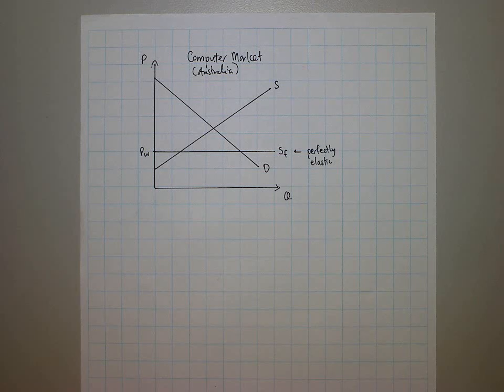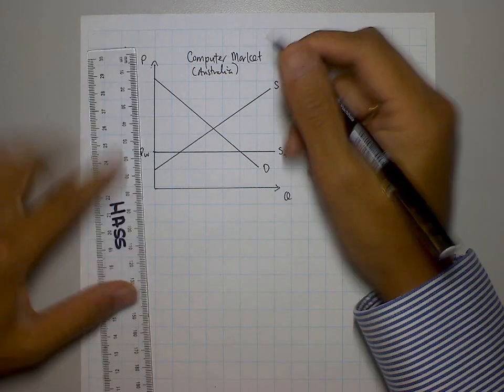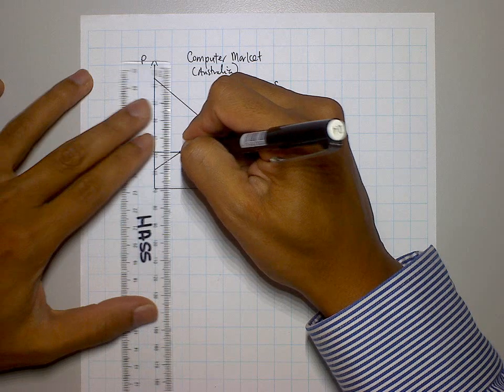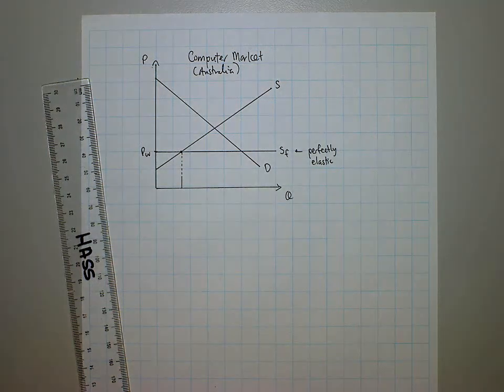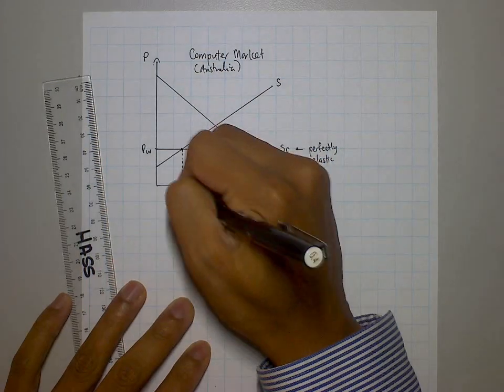Alright, so we're going to start off with drawing the important points before the tariff and then after the tariff, and then we're going to compare both. Alright, so first up we want to see how much domestic suppliers are willing to supply at this world price. So you have a look at where the intersection is between price and the supply curve, and that is Q1.